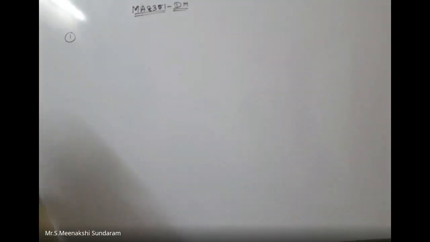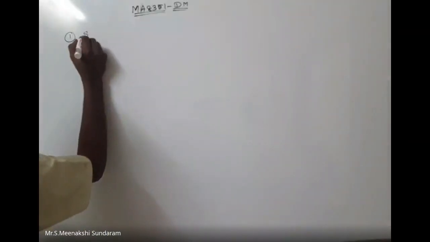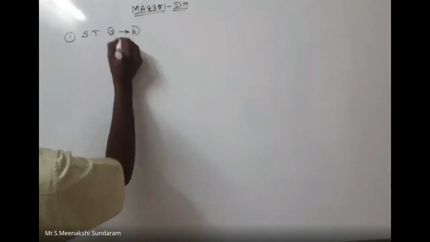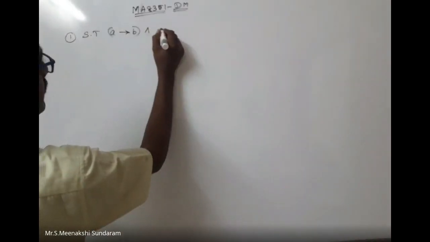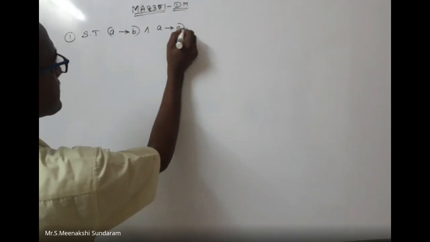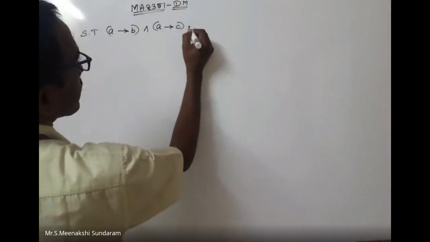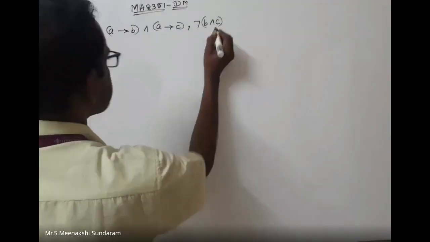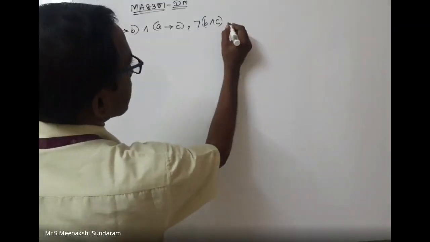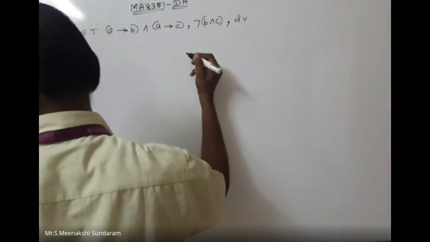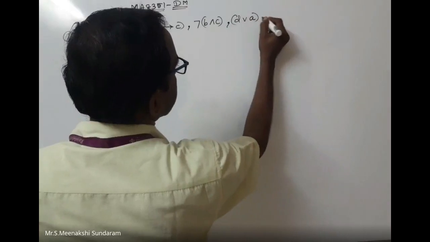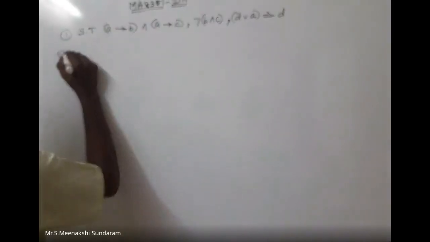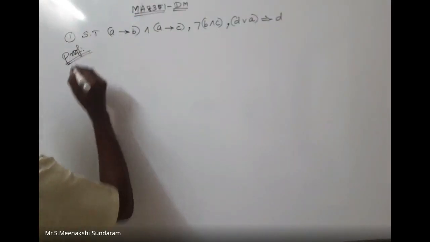First one: show that A conditional B conjunction A conditional C, comma, negation of B conjunction C, comma, B disjunction A implies we can write D. What are the given premises?